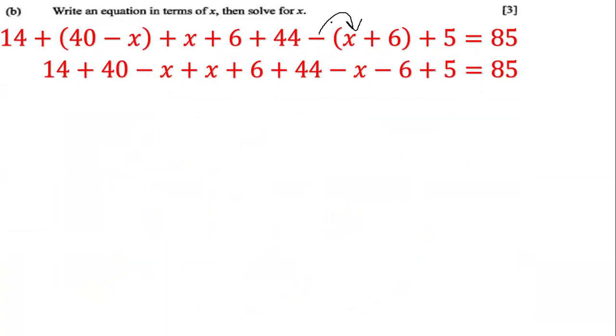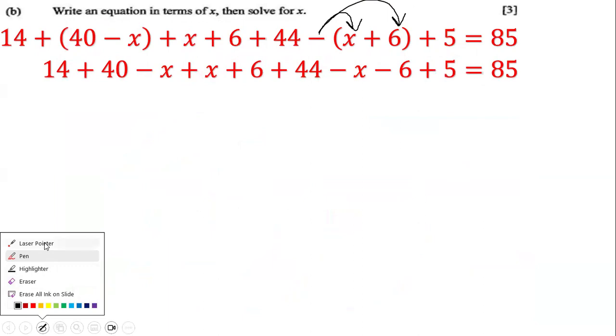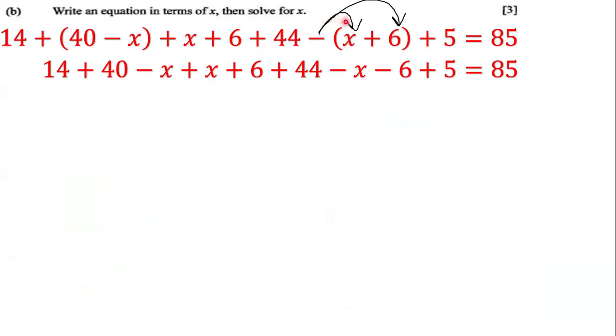We have -1 multiplied by X, and -1 multiplied by +6. -1 multiplied by X is -X, and -1 multiplied by 6 is -6. Again, -1 multiplied by X is -X, and -1 multiplied by 6 is -6. And we bring down the 5, and we set it equal to 85.